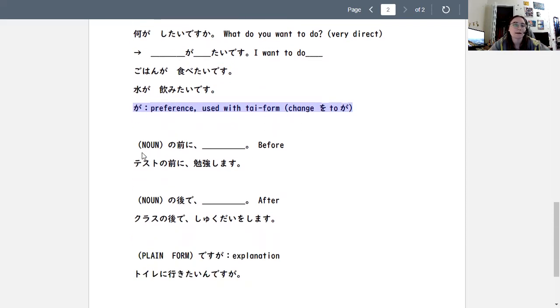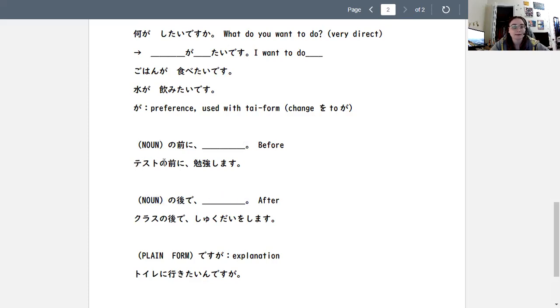Okay, and then this next concept is these two. So this has to do with when something is before or after a noun. So you do a noun before, etc. Noun after, so after a noun. So basically, before the noun, you do this. After the noun, you do this.